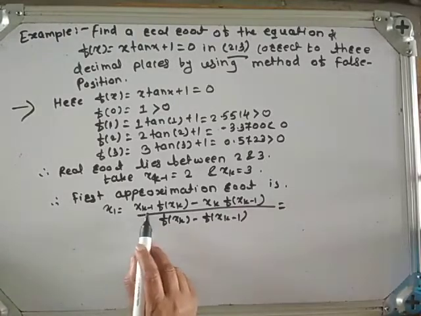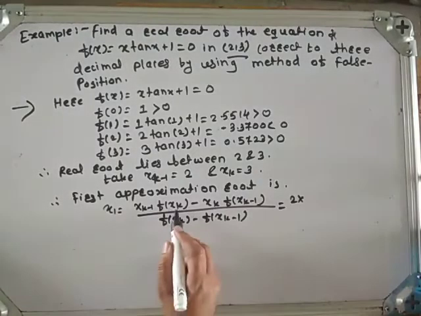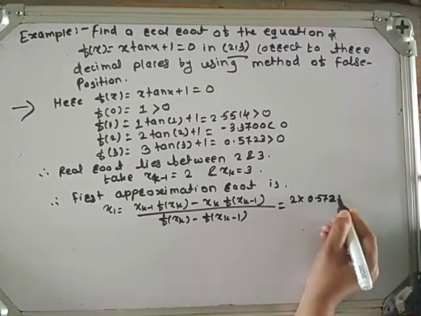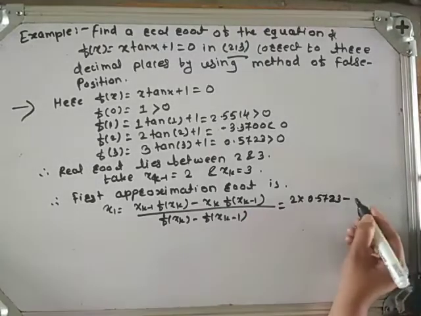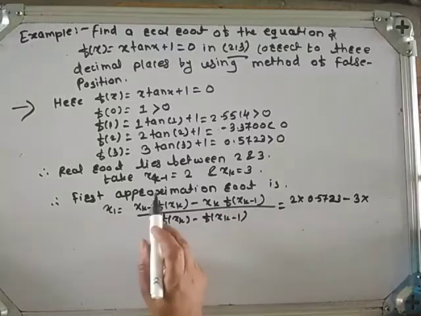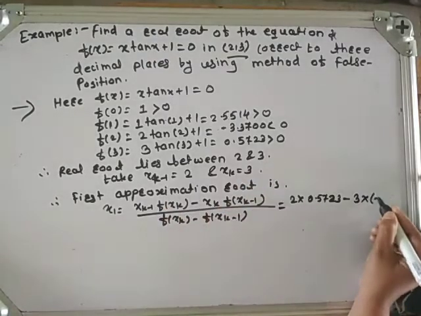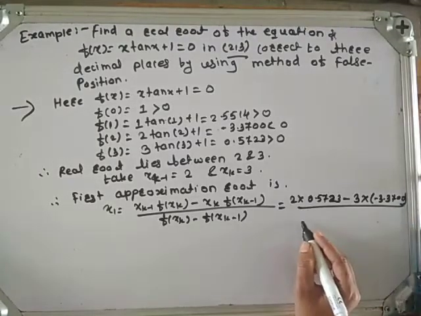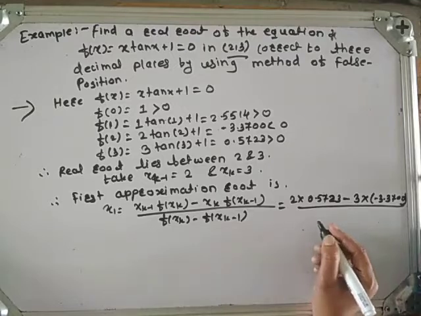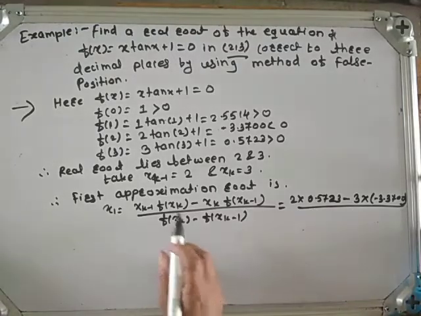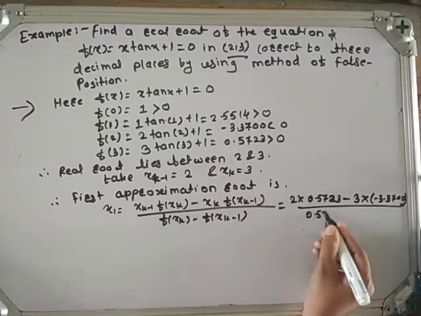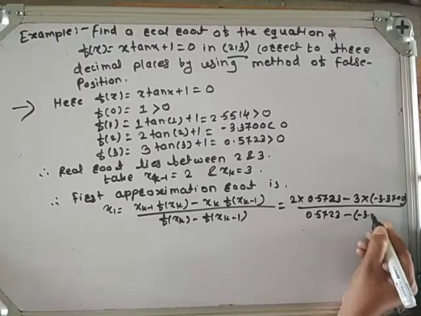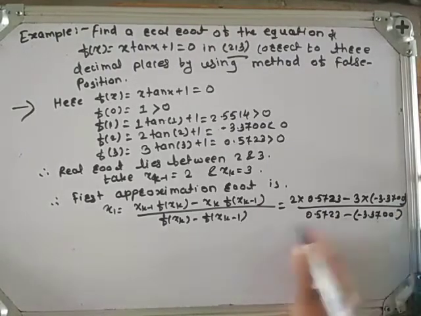See here, x_{k-1} is 2, f(x_k) means f(3), which is 0.5723, minus x_k which is 3, into f(x_{k-1}) means f(2), which is -3.3700, upon f(x_k), which is 0.5723, minus f(x_{k-1}), which is -3.3700.